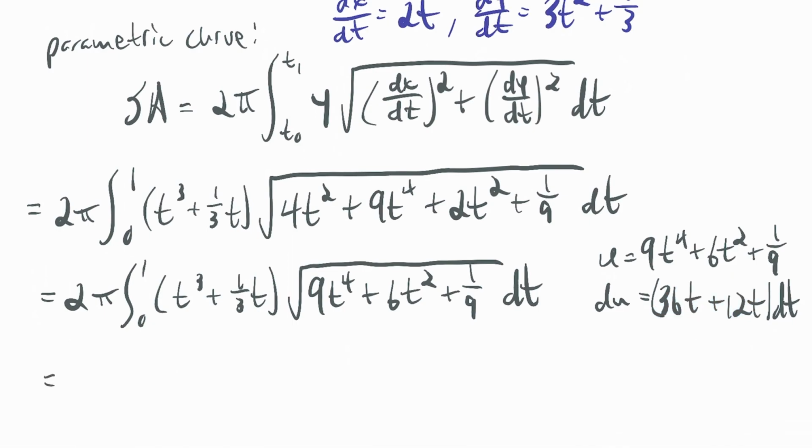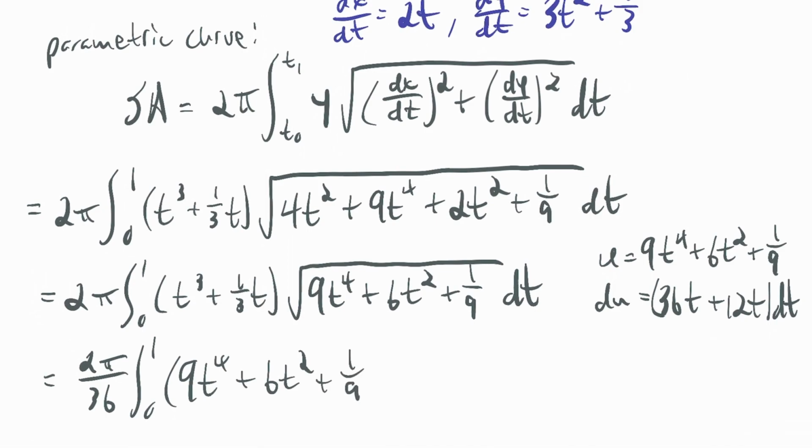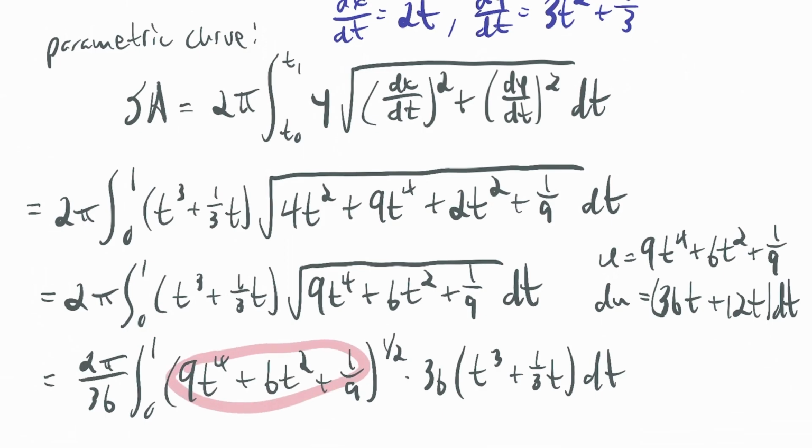So this will be 2 pi over 36, so I have to borrow it, integral from 0 to 1 of 9t to the 4th plus 6t squared plus 1/9 to the 1/2 power times 36 times t cubed plus 1/3 t dt. So here is my u in here, and here is my du.